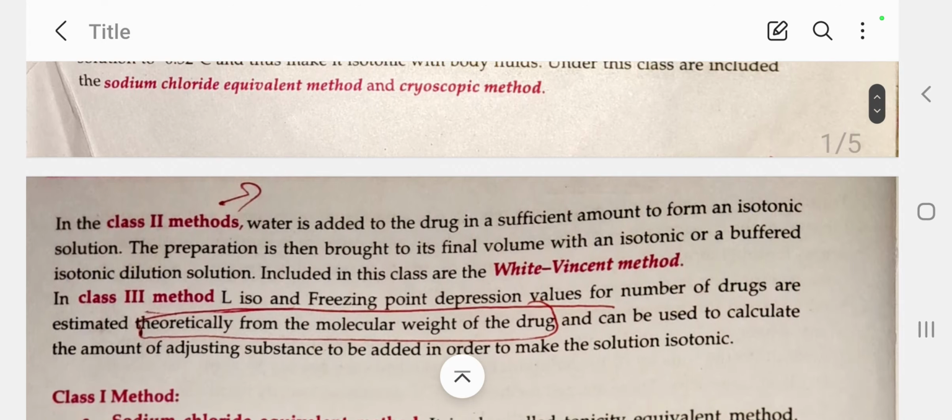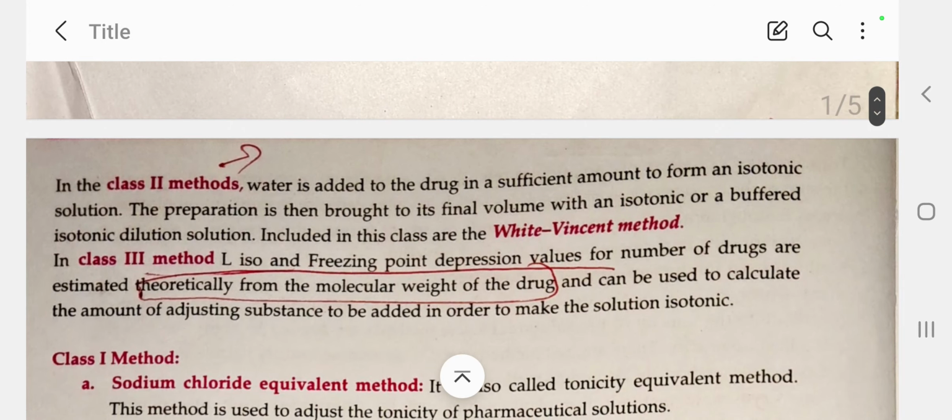Let's see the class 2 method. In the class 2 method, water is added to the drug in a sufficient amount to form an isotonic solution, or we can use the addition of an isotonic or buffered isotonic diluting vehicle to bring the solution to the final volume.